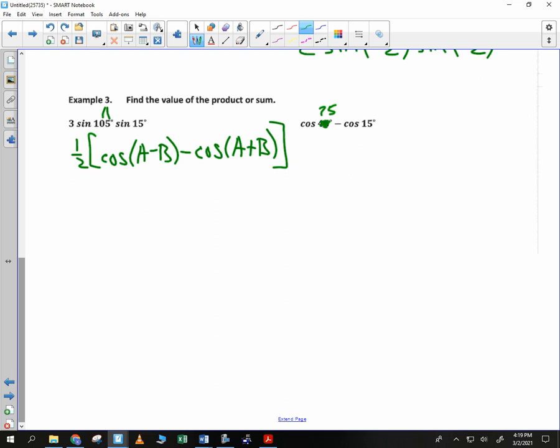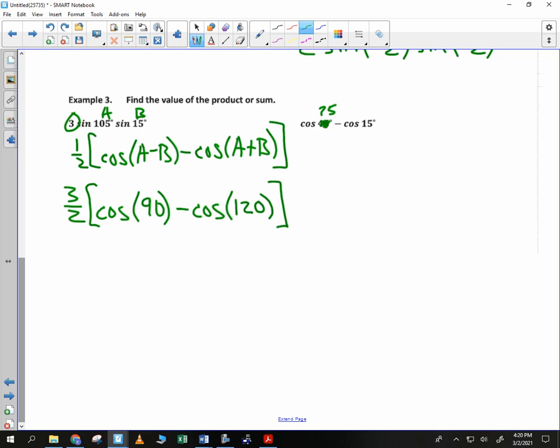You see this is a and this is b, and I'm multiplying the whole thing by 3. So we got 3/2 times the cosine of, now we get a minus b. So 105 minus 15 is 90. Yep, 105 minus 15 is 90. Minus the cosine of, now you add them together. 105 plus 15, well, that's 120. So let's find that exact value.